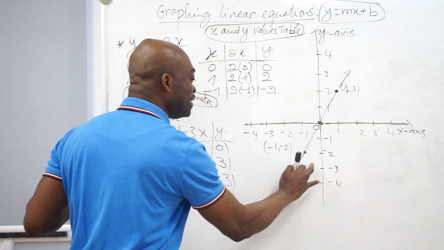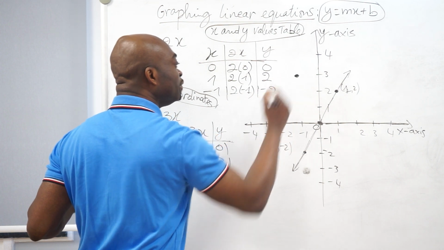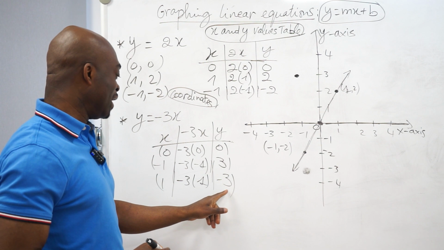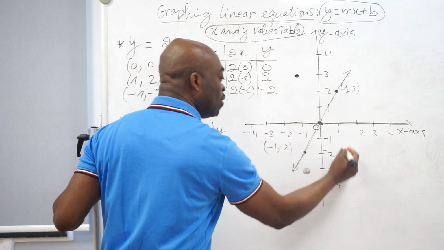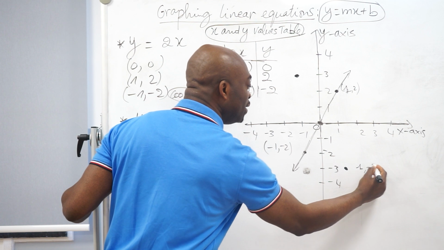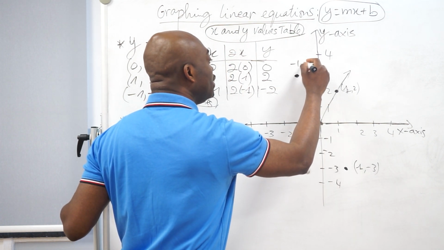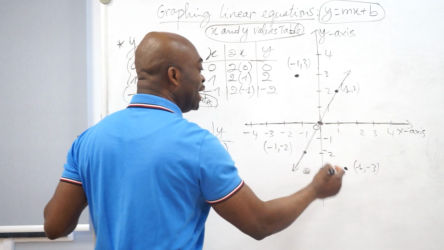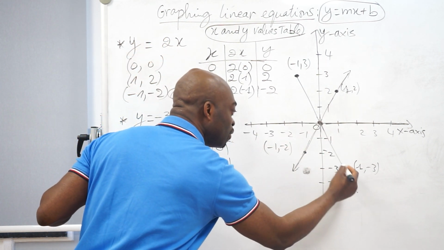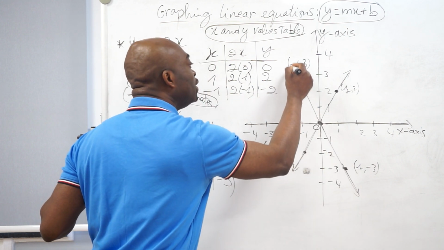So that's negative 1, positive 3, and then you have positive 1, negative 3. So you have negative 1 here and positive 3 here. And then you're going to draw your line through those 3 points as well.